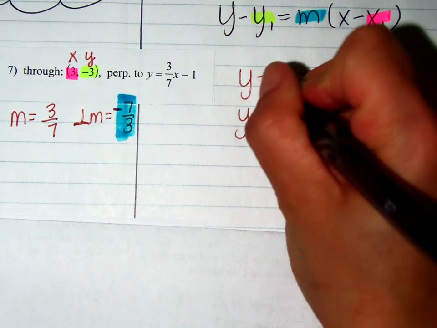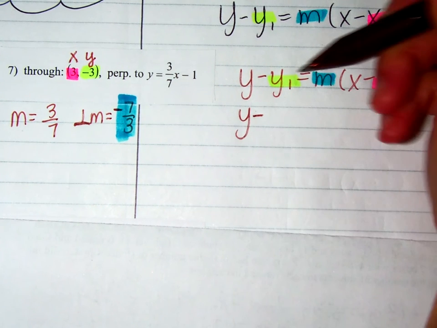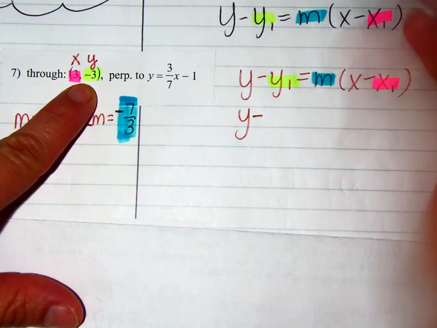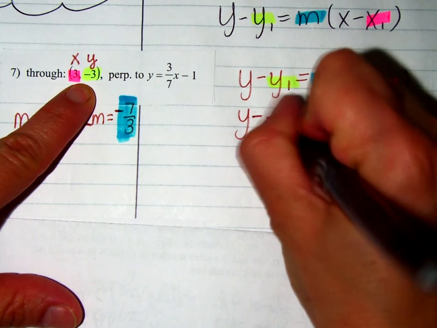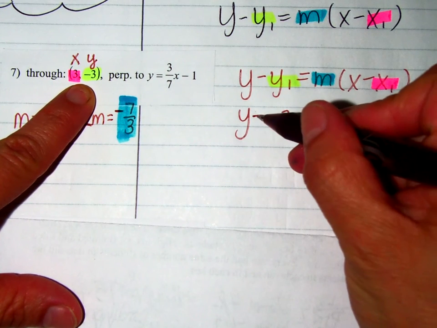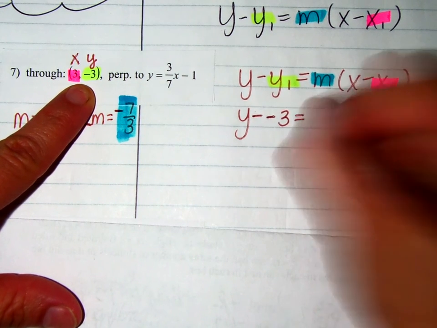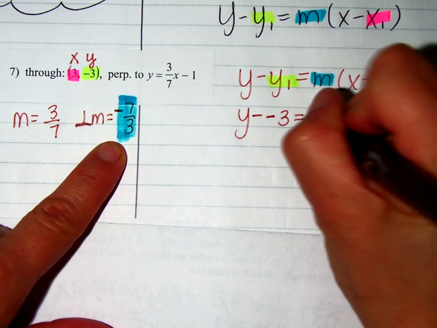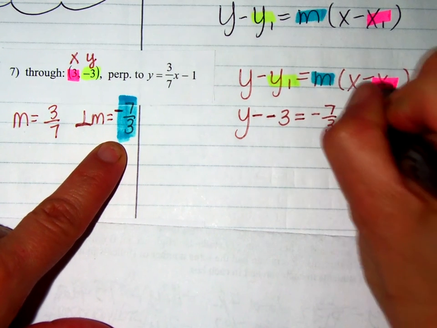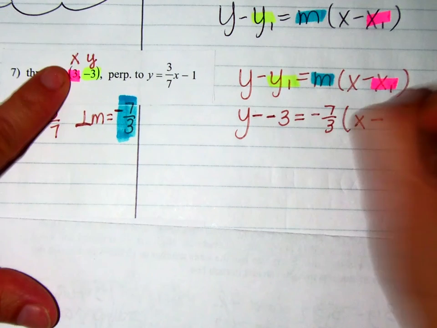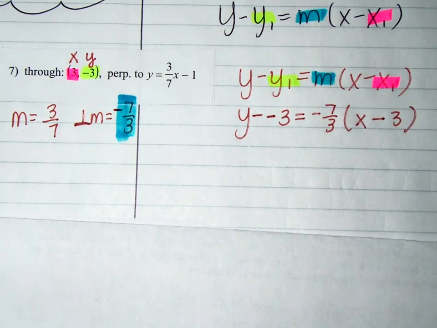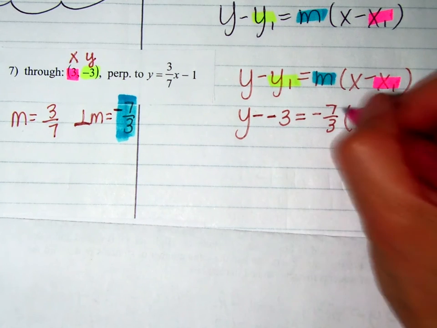So I have y minus y sub 1, and for me, y sub 1 is -3. Notice that I'm writing a -3 in addition to my subtraction sign. Equals m, and in this case, I'm using my perpendicular slope, which is -7/3, times x minus x sub 1, which is 3. Here we're going to distribute.